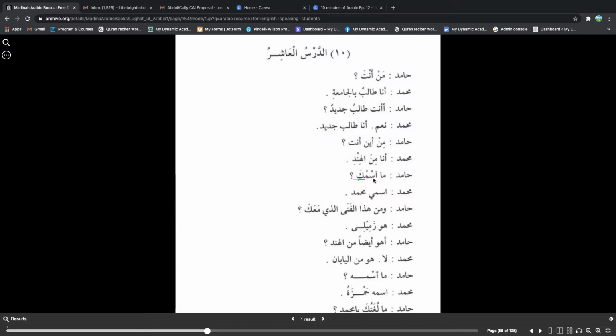So it becomes ismuka, and because this ma is in front of it, for the flow of reading, this hamza becomes a hamzatul wasl, and you just say masmuka. So he asked, what's your name? Ka with a fatha is for you, masculine. Muhammad says, Ismi Muhammadun. My name is Muhammad.